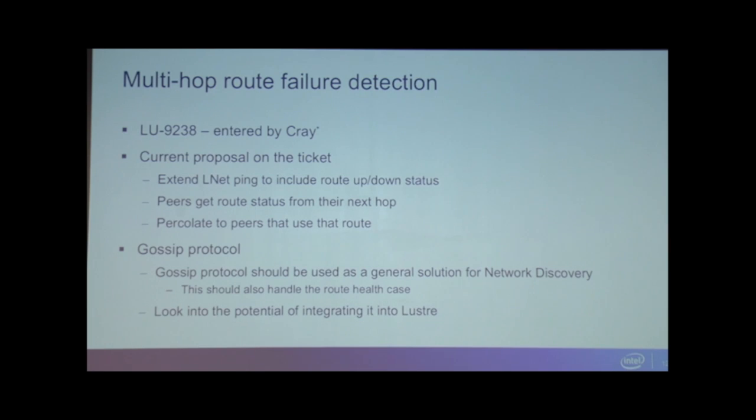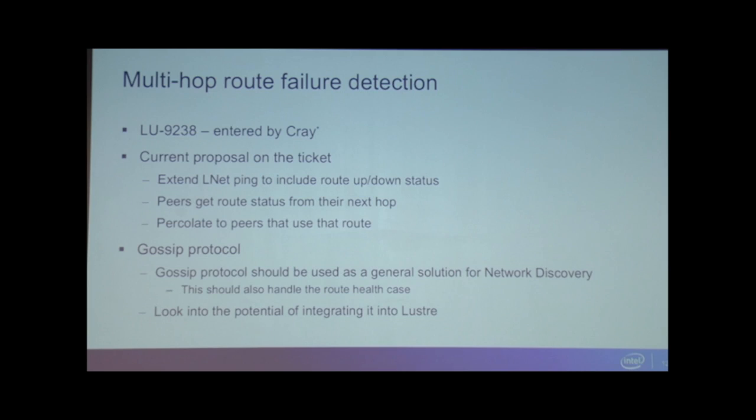There's another one, again a little bit in the future. Cray entered this ticket. It's about expanding route failure detection. Right now, if a route fails, we only detect it if it's literally the next hop. But if there is a chain of routers and one of them fails down that chain, we won't know about it with the current mechanisms.